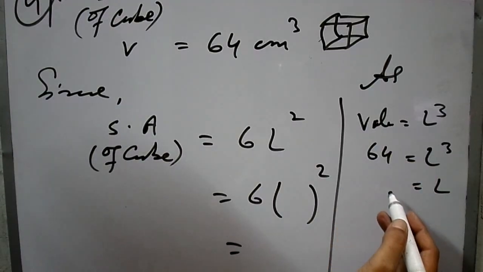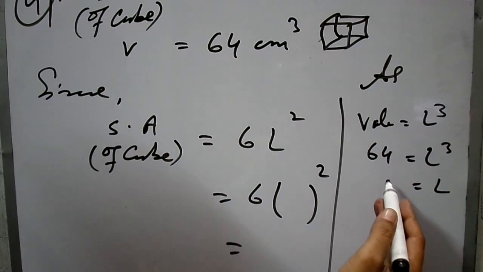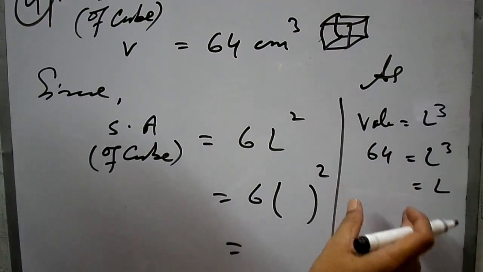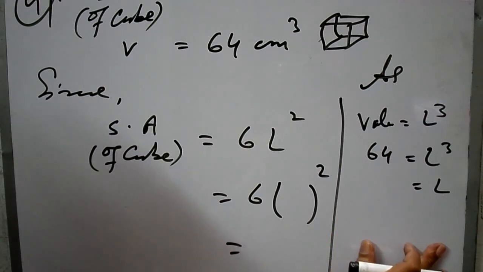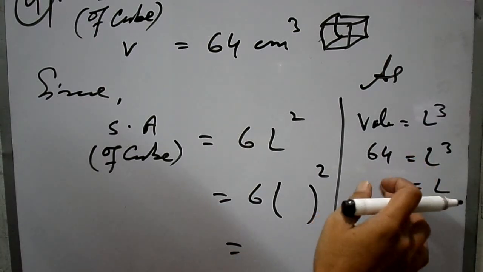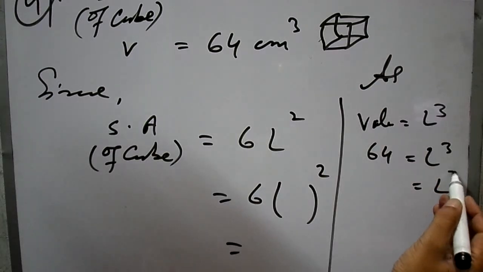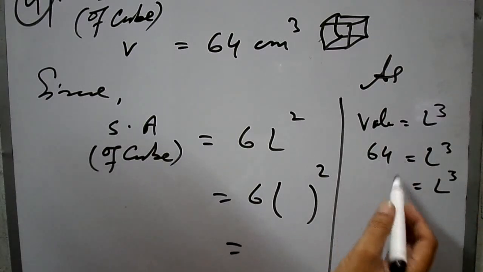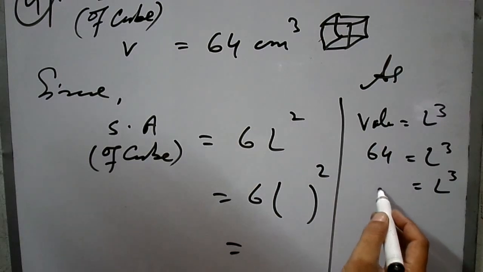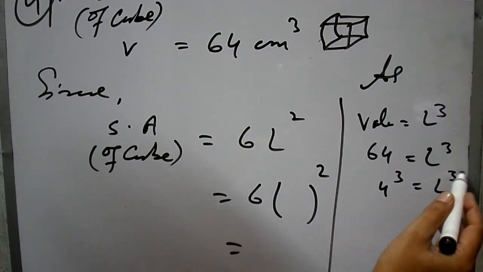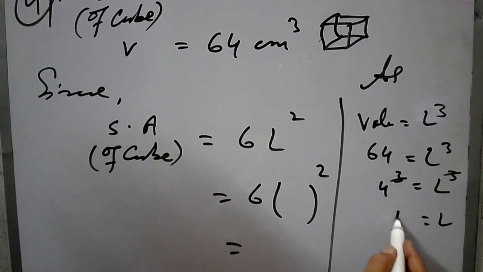So, if you don't have a specific calculator to find the cube root, you can use another simple methodology, that is you make this 64 as a power of 3, so 4 cubed you can write, so the 3 will be cancelled, so L is equal to 4.